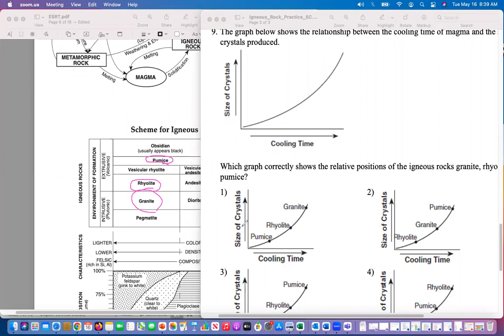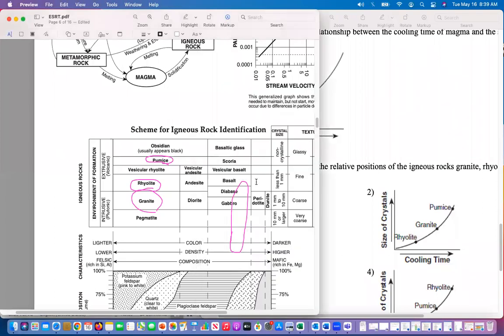The other way that you can check is if you look on the graph, it says size of crystals, right? So that can also help me determine which rock has the highest crystals. When I take a look for crystal size, remember, coarse means that the crystal size is very big. So granite has the biggest, right? Then it goes to fine, which is rhyolite, that has the second biggest.